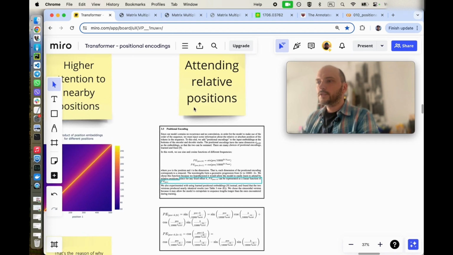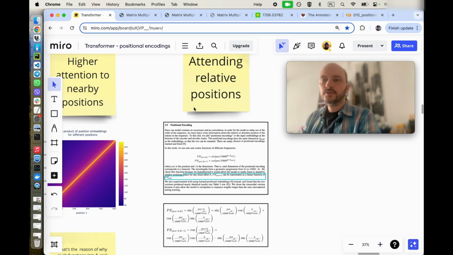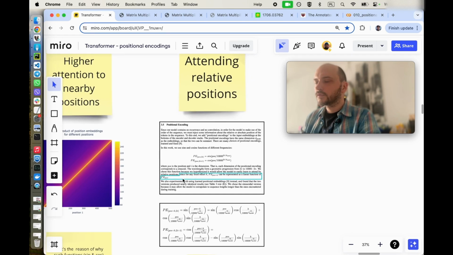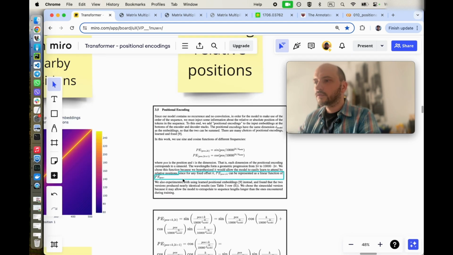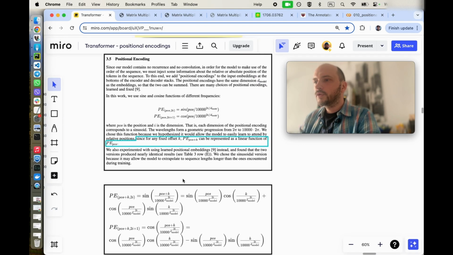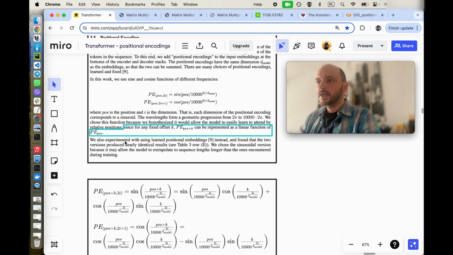But for now let me highlight one more thing related to the formula that was not that obvious to me, and I just understood how it works and have the explanation here. In the paper, the authors say that they have selected such a formula because for any fixed offset k, the positional embedding for pos plus k can be represented as a linear function of the positional embedding for pos.